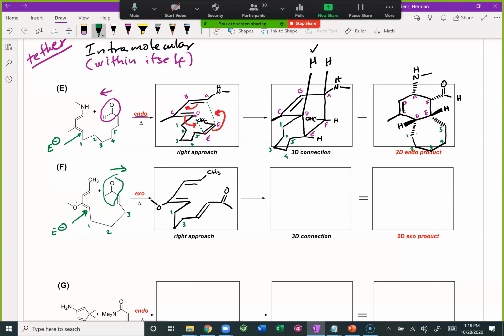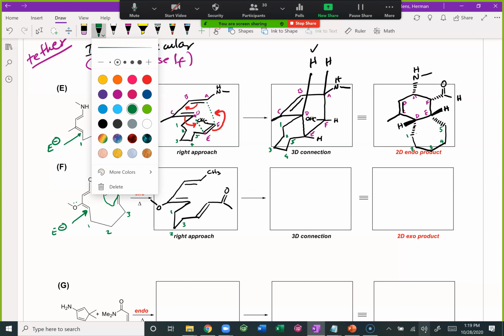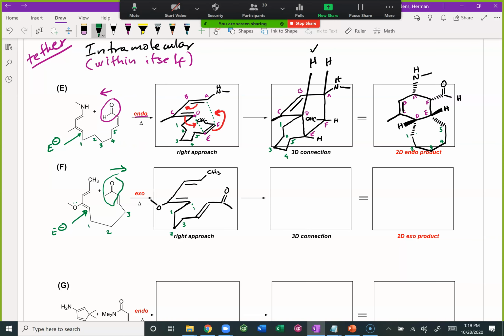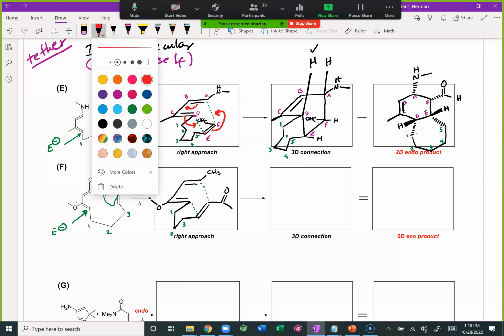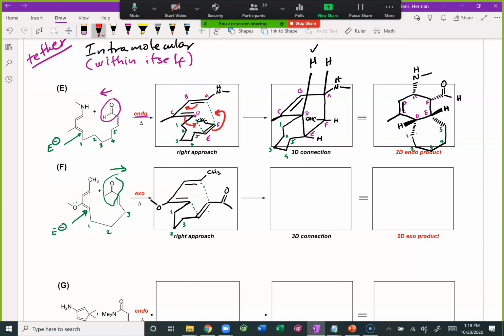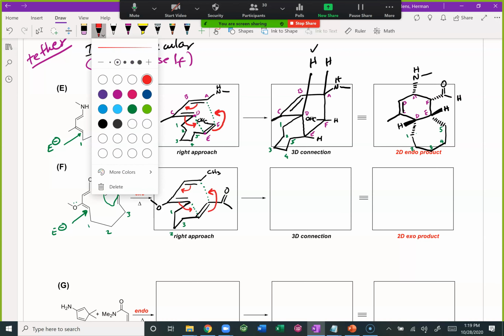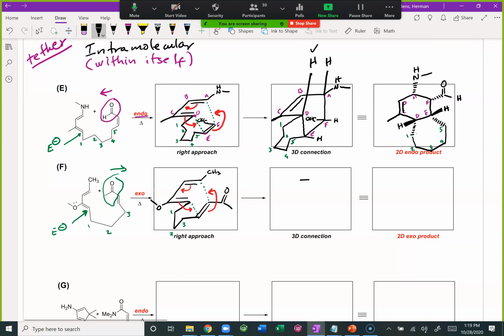And then I'll go 1 and 2. All right, so I'm going to put the dots here for these 2 carbons will connect, and so will these ones. All right, so I'm going to push electrons now. I like to start from the dienophile, but that's just me, because it's by itself. 1, 2, and then 3. And I'm going to do now my box here.